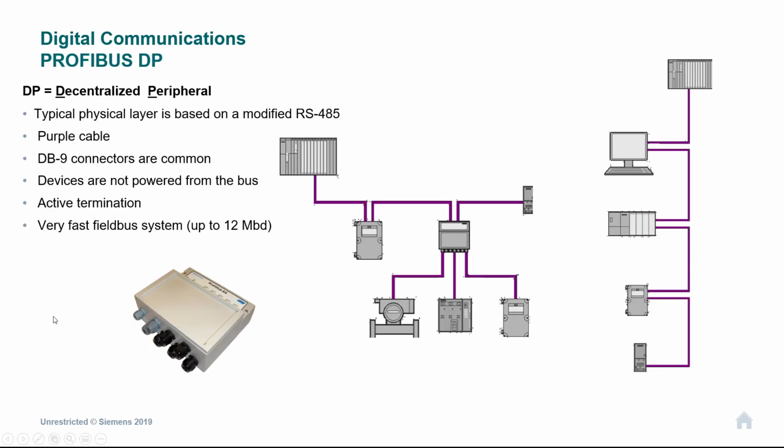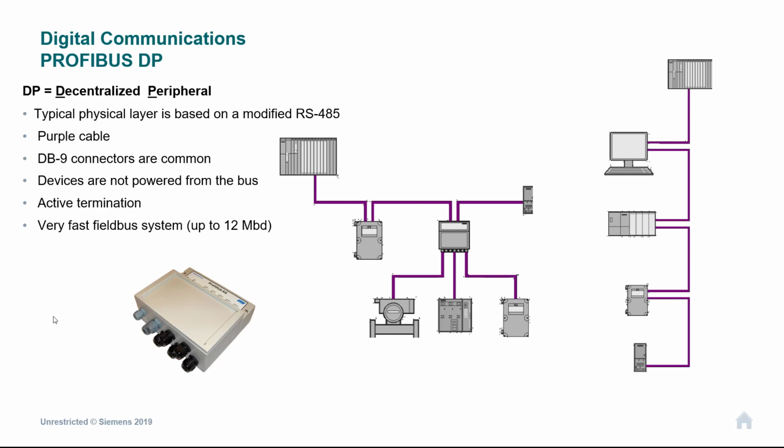The first communication network, the first chapter, is Profibus DP, which stands for decentralized peripheral, and that's based on a physical layer of RS485. That transmits a plus and minus 15 volt signal. It requires two cables.